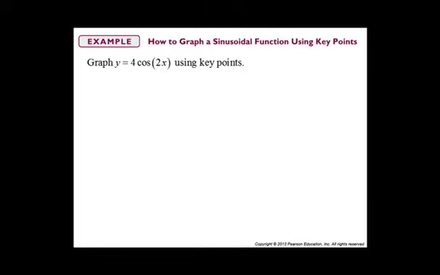Your amplitude is 4. And now we're going to look at the period. We have a period of 2 pi divided by 2. Therefore, our period is equal to pi. Now, this is just one point. So now what do we have to do? We have to break it into 4 separate quadrants. So we're going to divide pi by 4.